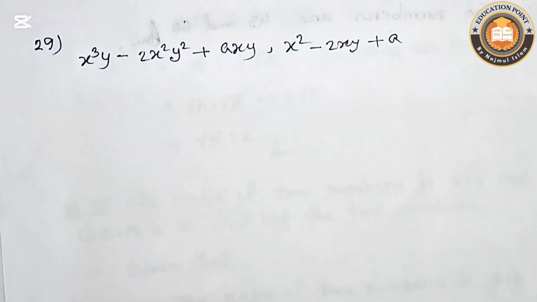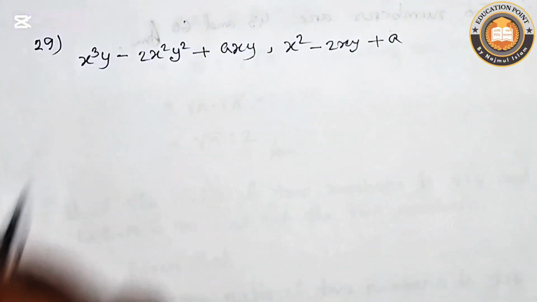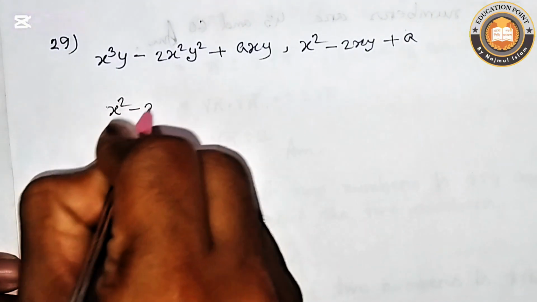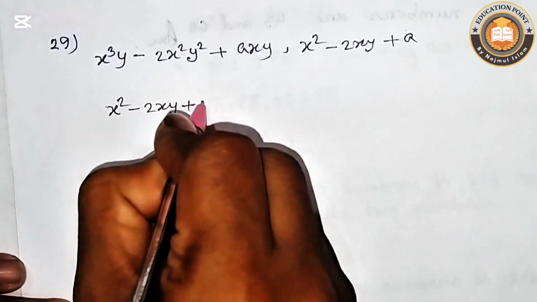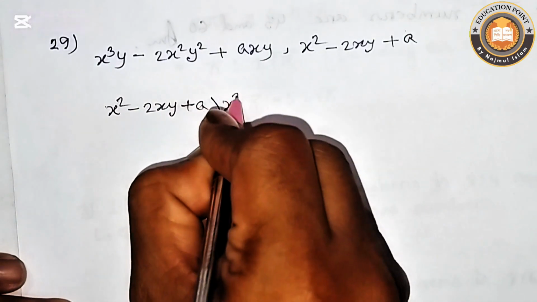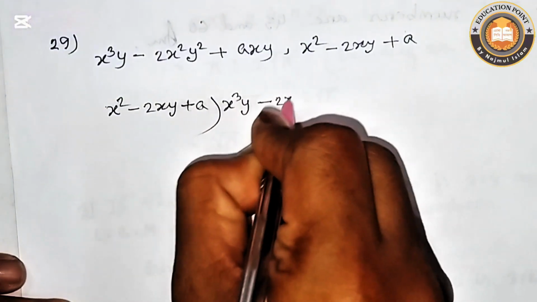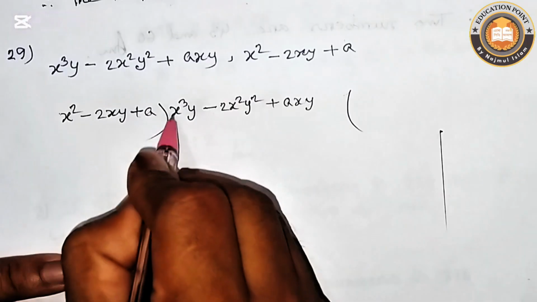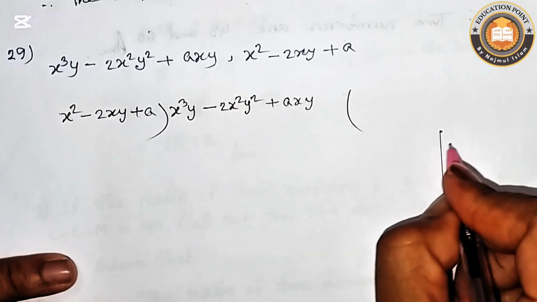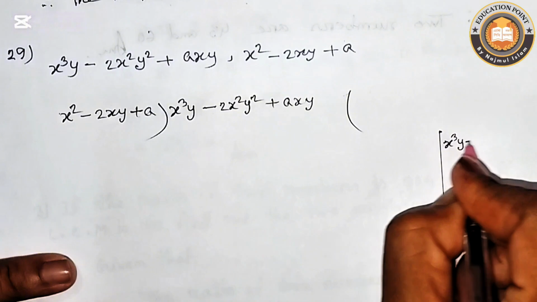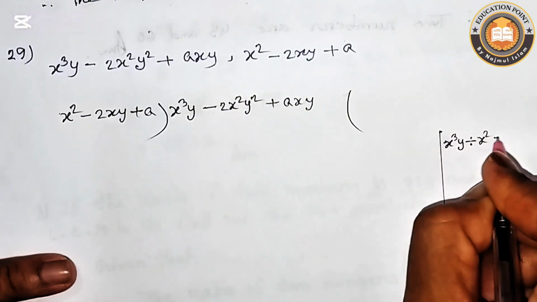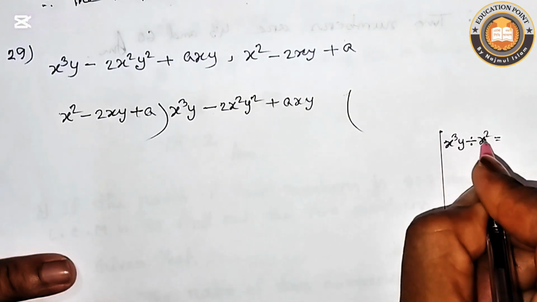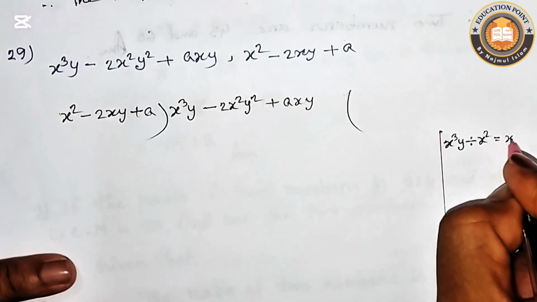Question number 29. X cube y minus 2x square y square plus axy divided by x square minus 2xy plus a. X square minus 2xy plus a. X cube y minus 2x square y square plus axy. At first, x cube y divided by x square equals xy.